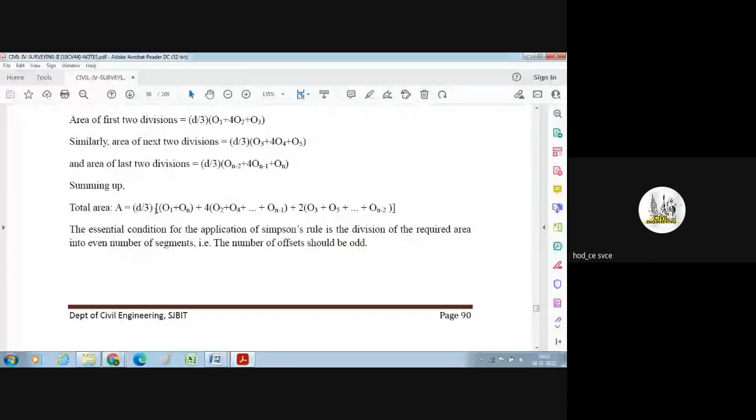So O1 plus O1, that is the first and last ordinate, plus 4 multiplied with even ordinates. So these are the even ordinates. Okay, and next, these are the odd ordinates, 2 multiplied with odd ordinates. Okay.